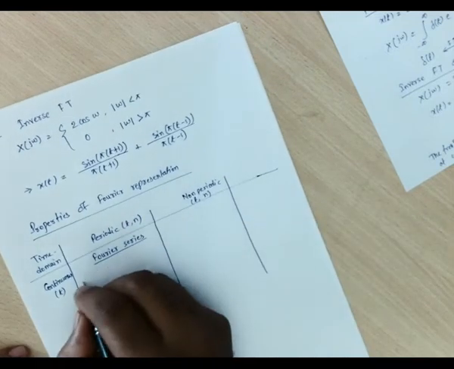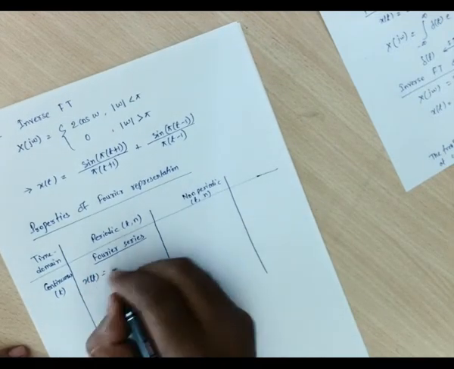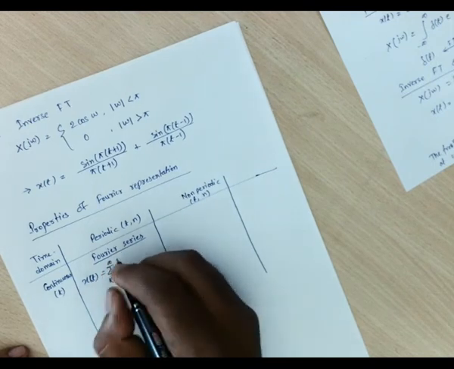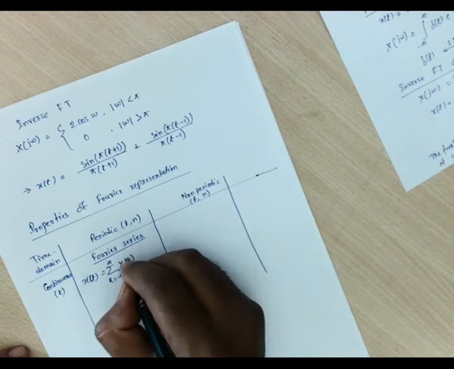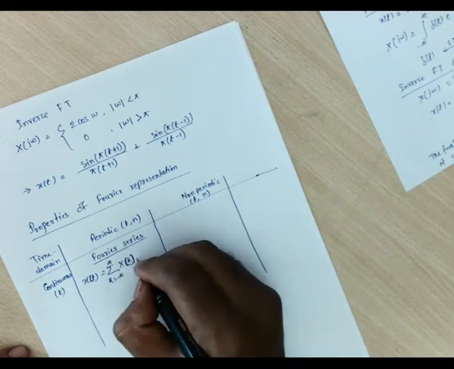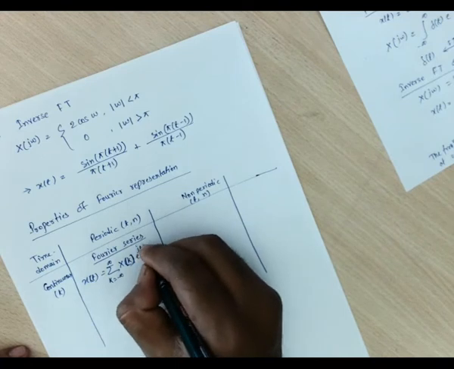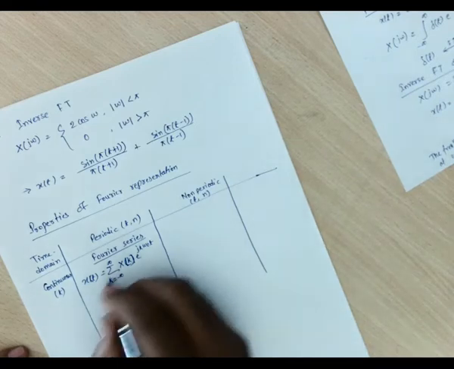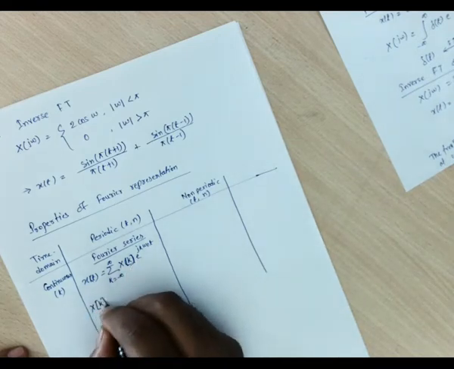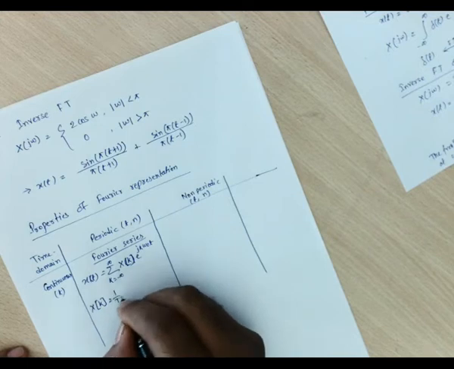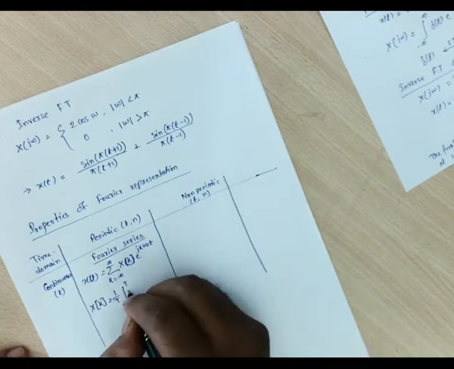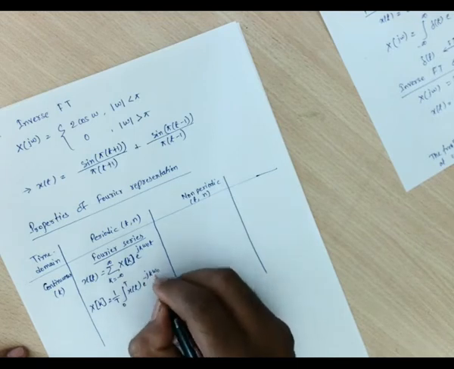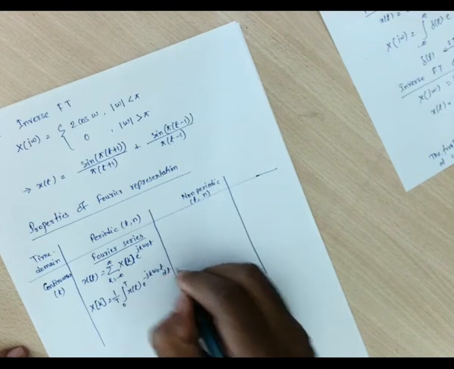So what is this x of t here? It is summation k equals minus infinity to infinity x of k e to the power j k omega naught t, whereas this x of k is integration 0 to T x of t e to the power minus j k omega naught t dt.